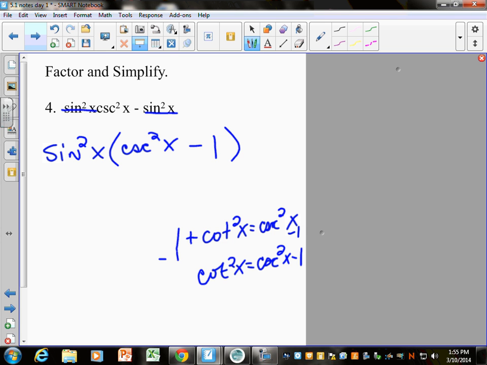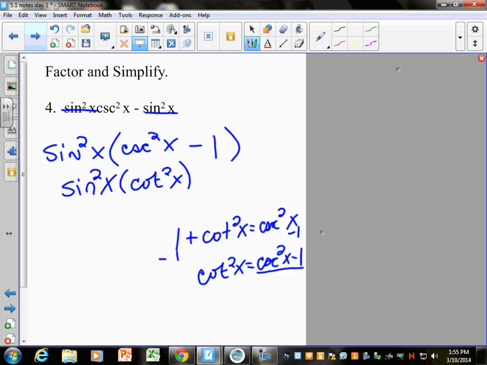If you don't want to do that, you could substitute in for cosecant squared and say that's 1 plus cotangent squared, and the 1s will cancel out. Like, both ways work. It's just whatever makes most sense. But for me, I'm like, ooh, that matches. So can I substitute just cotangent squared in for all of that?